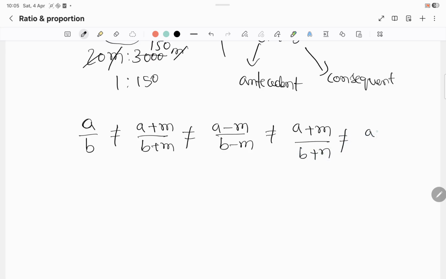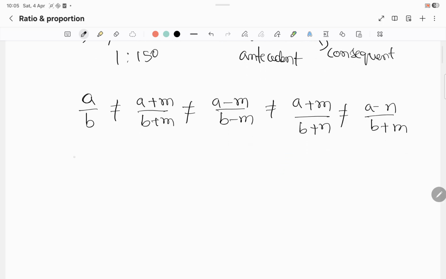Also A minus N by B plus N. Also A by B is not equal to A power M by B power M. Means if any power we should not take.